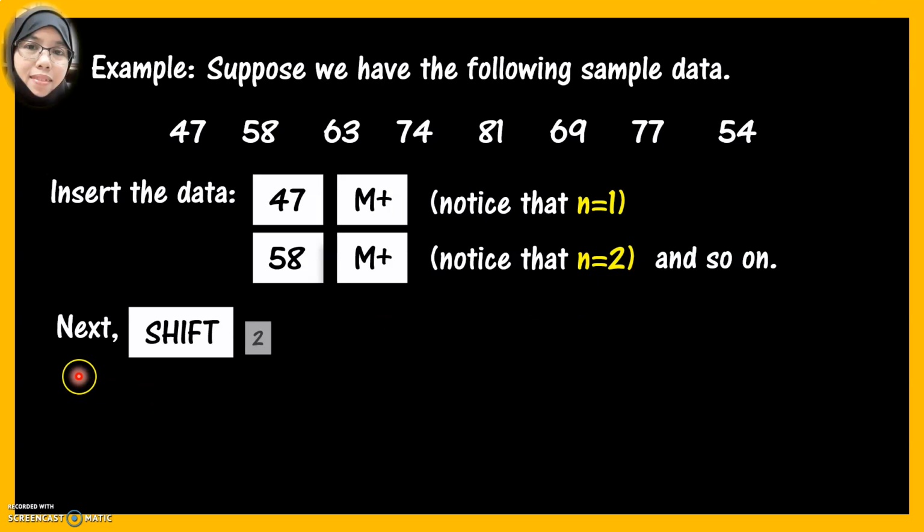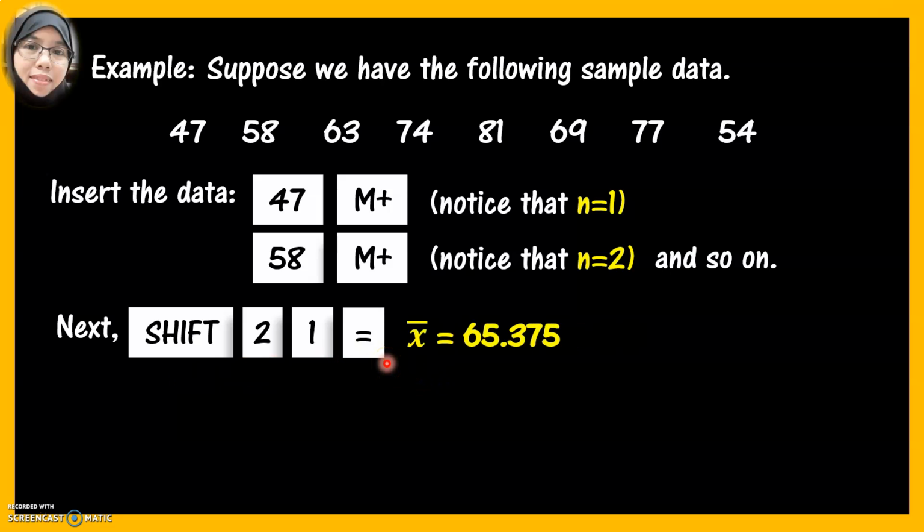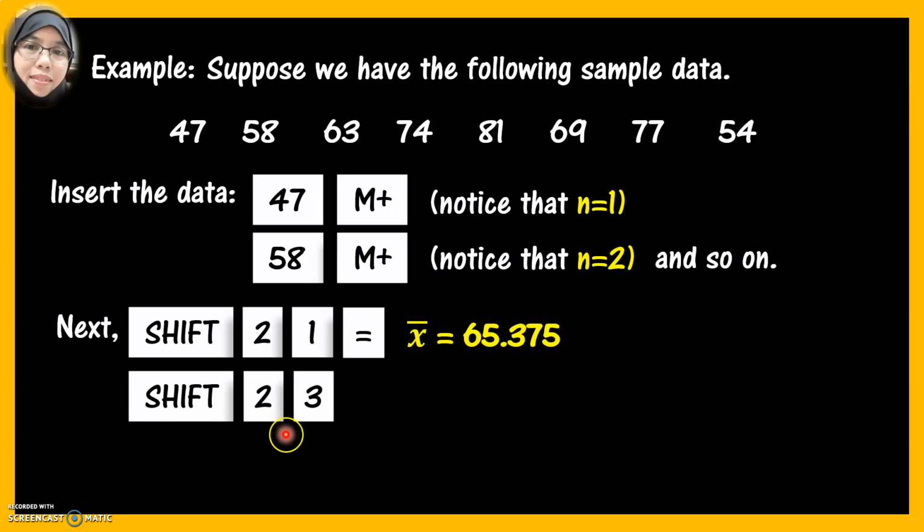Next, if you press shift 2 1 equal to, then you will get X bar given by this value. Pressing shift 2 3 equal to, you should get S given by 11.9156.